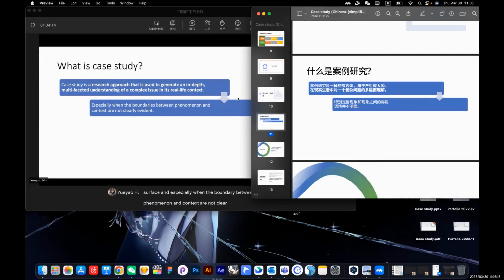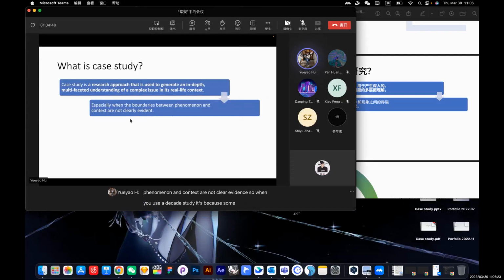When you use case study, it's because some phenomenon is not that clear yet. People are not able to understand what it is. Then you use case study to understand it. So in other words, if you're doing phenomenology, you can also use case study within this methodology.